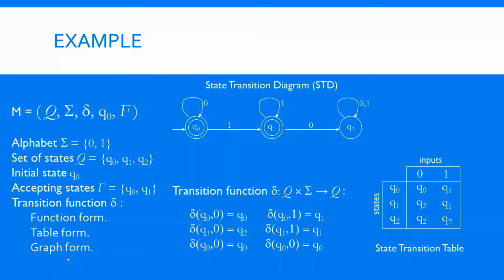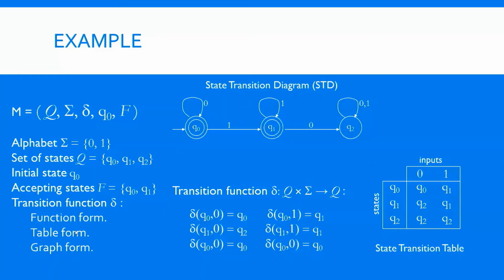This is one representation. But apart from that, we have another representation. We have written delta is a mapping from Q cross sigma to Q. Last class I asked you, tell me what is A cross B, Cartesian product. Some of you gave the correct answer. So now you check, this is also another way.